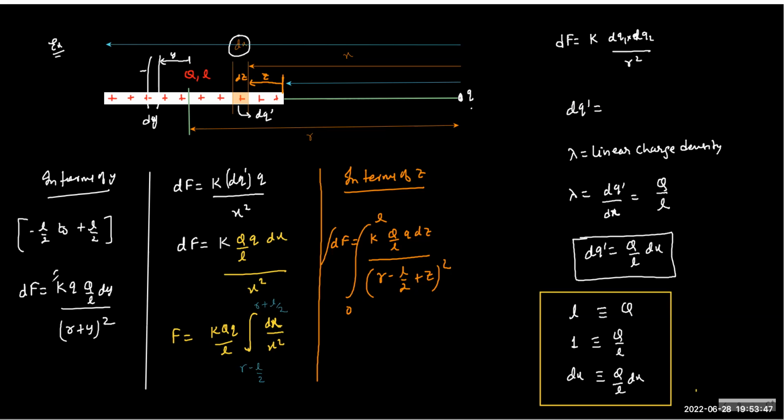See, now you have three choices to integrate. This question can be solved in three ways. It's totally up to you to choose the way of writing. Some ways will be easier for you, some will be difficult for you.